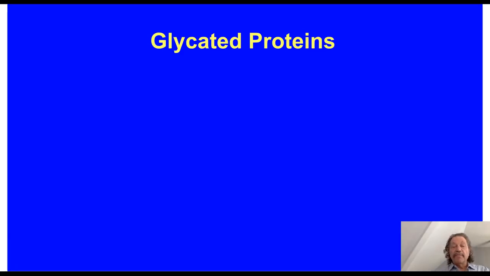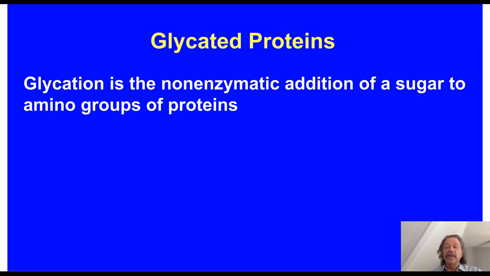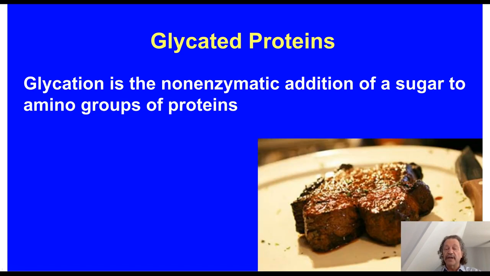Well, now, with that background in mind, let's talk about glycated proteins. The definition of glycation is the non-enzymatic addition of a sugar to amino groups of proteins. This was first described in the food industry more than 100 years ago by Maillard. And this nice juicy steak, the outside of the steak, beautiful color, is due to glycation.